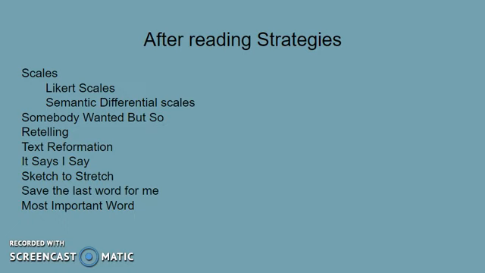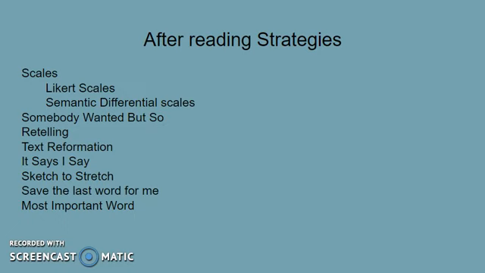And then you retell a story. There are more details in retelling a story than there are in summarizing a story. So basically a student can retell what happened in the story, using more details than you actually use in a summary. And then the text reformation: you basically go through and rewrite the story, using different words.